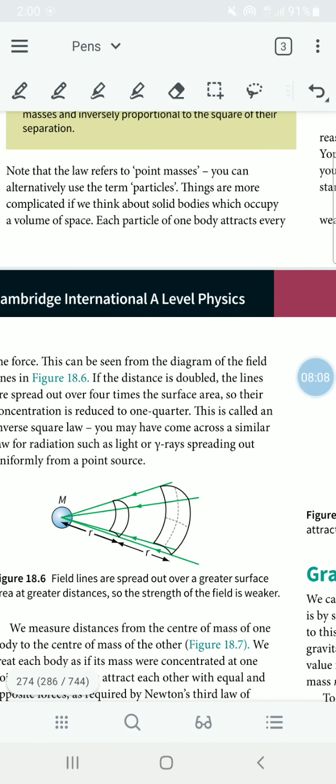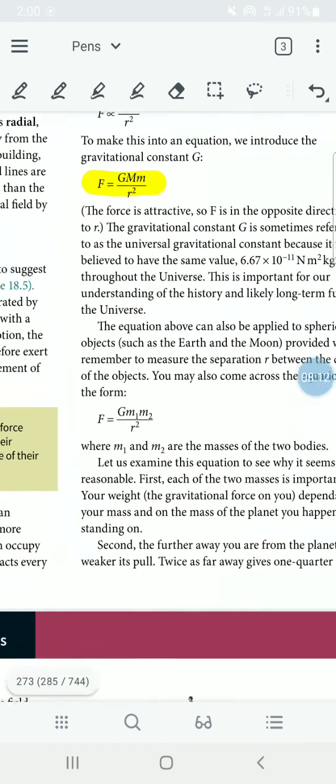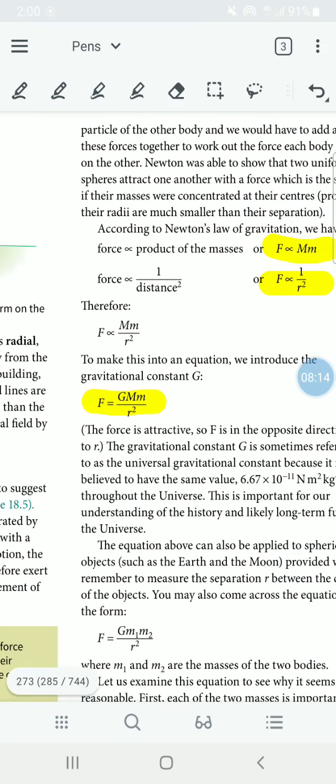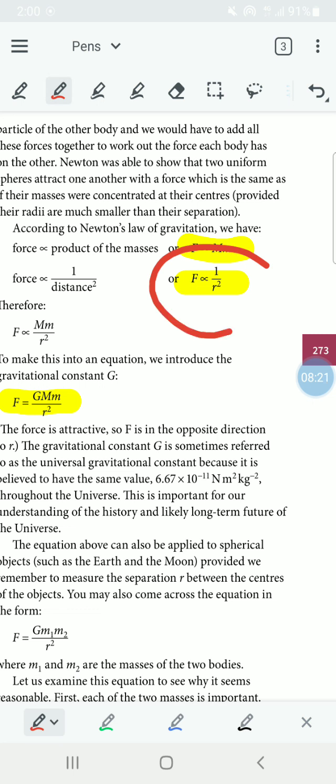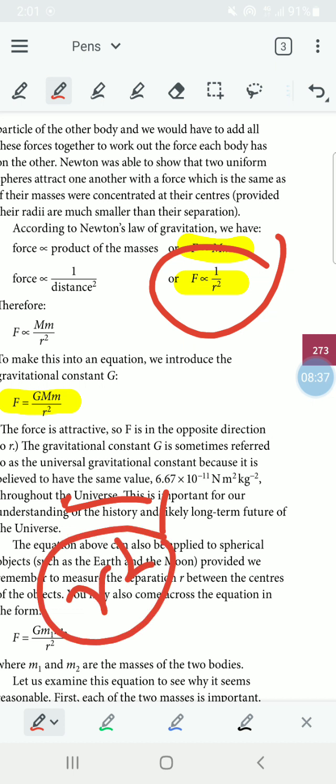Why? It is inversely proportional. As you can see here, F equals 1 upon r squared. So if you are originally here, and now let's say this separation, r squared, that is what you need to take.